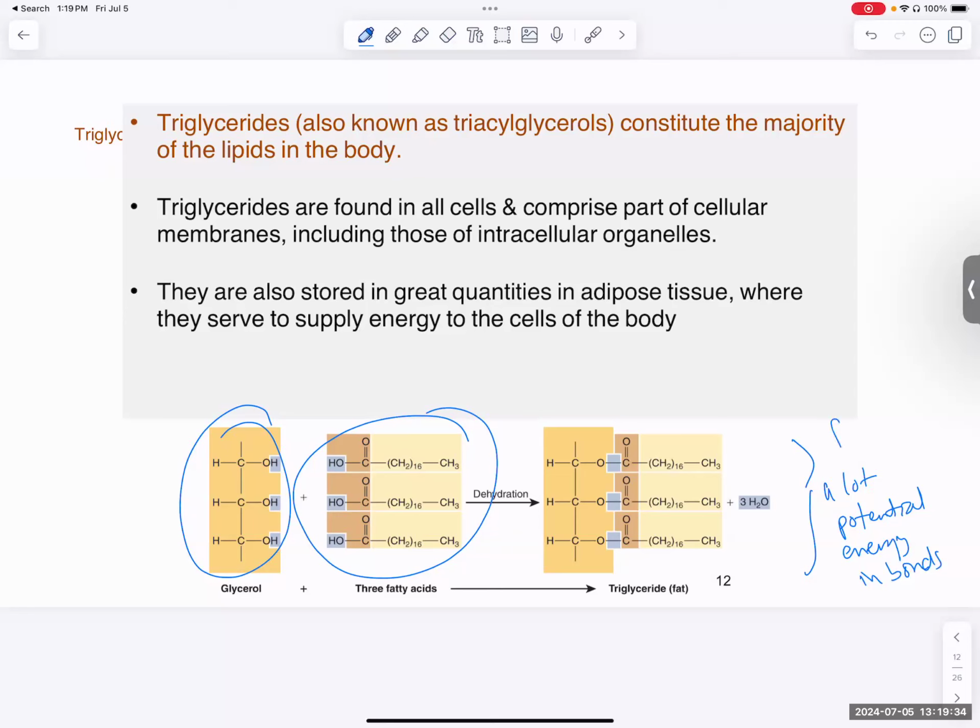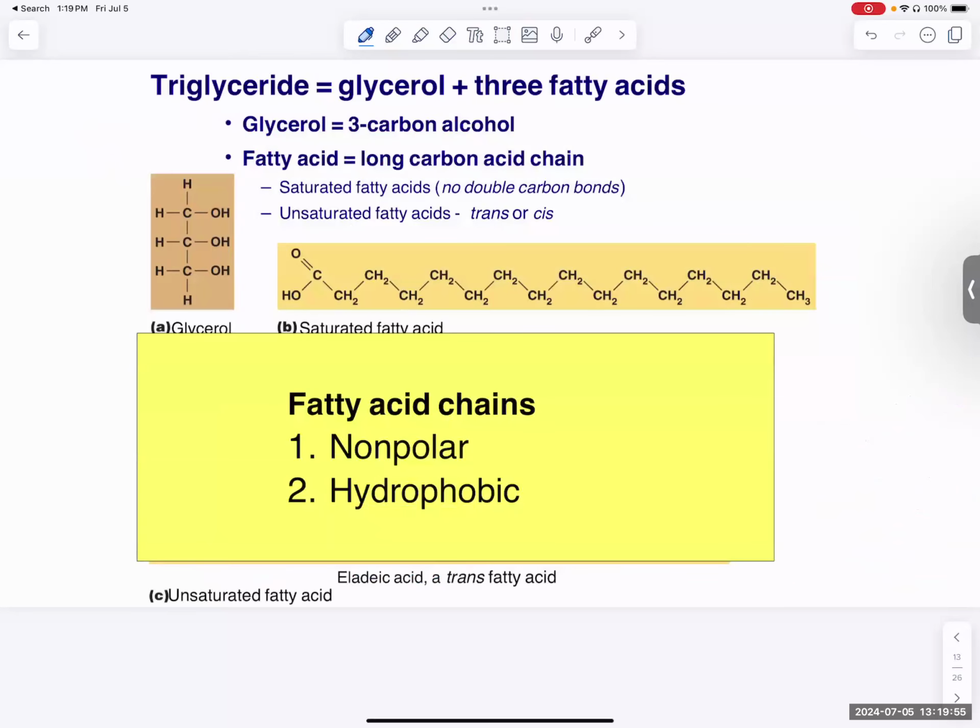And so that's why fat equals high calories, because calories is really a measurement of potential energy. Okay, so triglycerides, you're going to have the glycerol and the 3 fatty acid tails. They are nonpolar and they are hydrophobic.